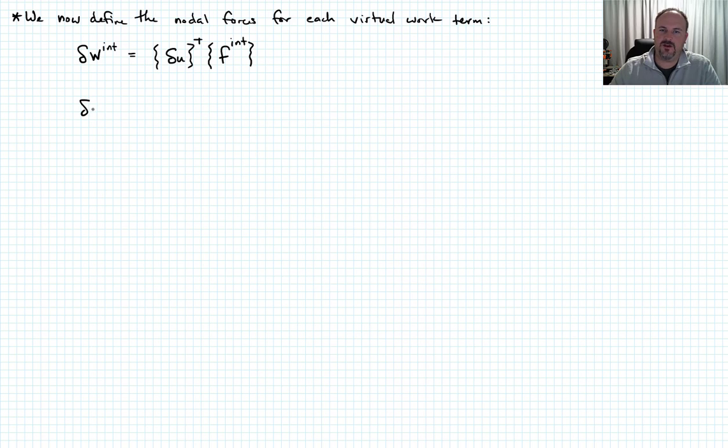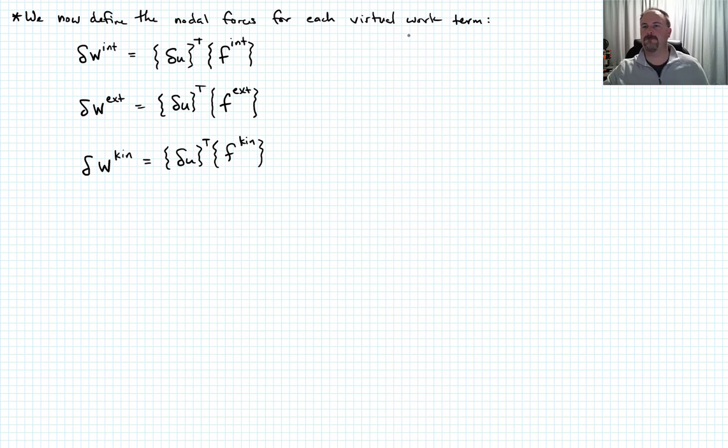Same thing here, the external virtual work must be equal to the virtual displacement times the real external force. And then finally, we do the same thing with the kinetic virtual work. It must be equal to that virtual displacement times some kinetic force vector. So let's call these equations 10, 11, and 12.